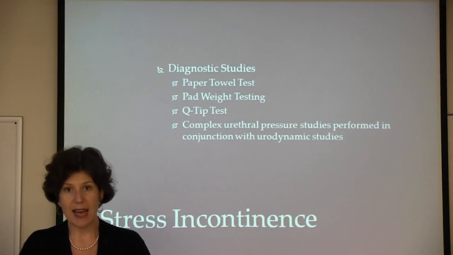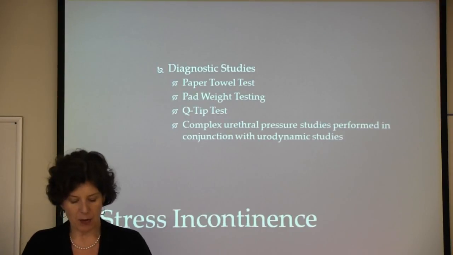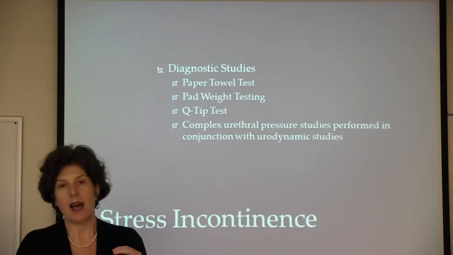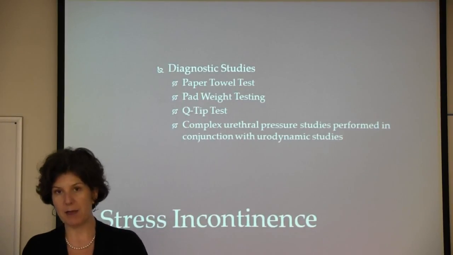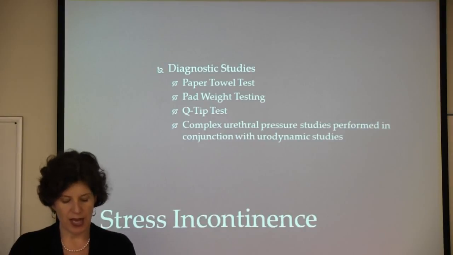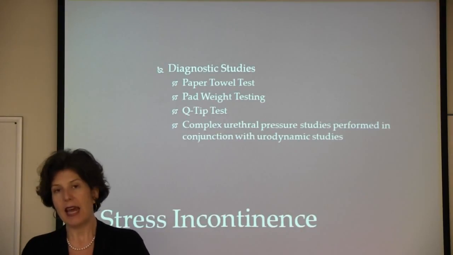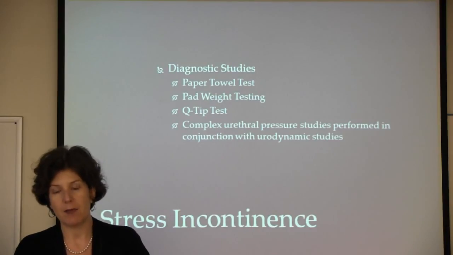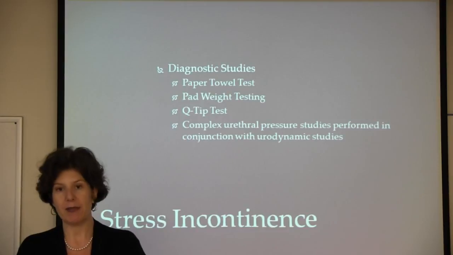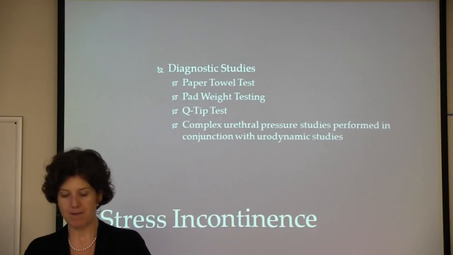That pressure is then calculated, and it will help to decide if it's less than 60 millimeters of mercury, greater than 60 millimeters of mercury, or greater than 100. And this will help annotate and decide what type of surgical or non-surgical management will help alleviate the patient's problems.